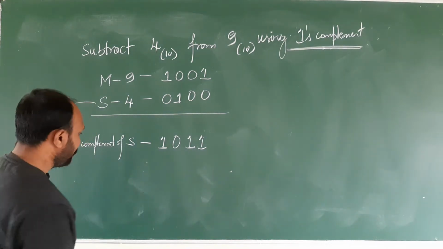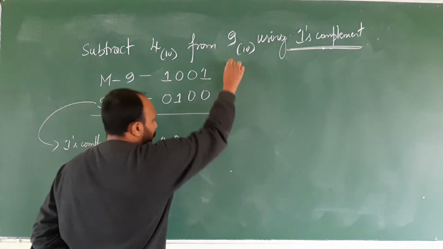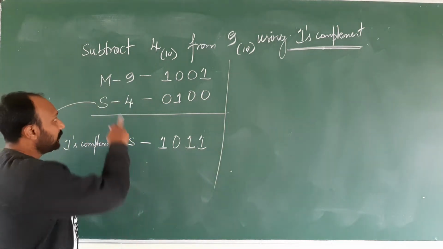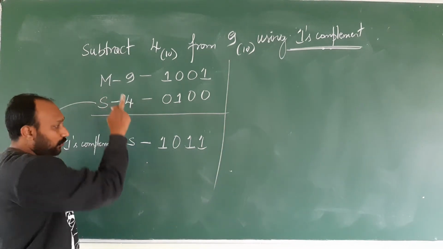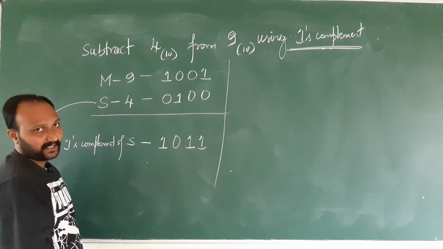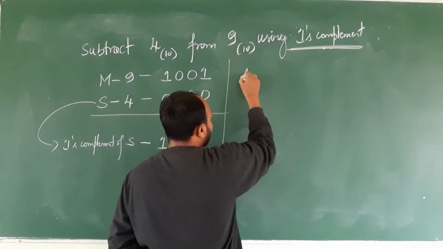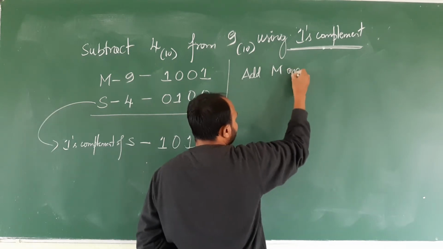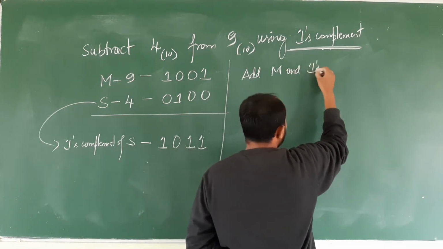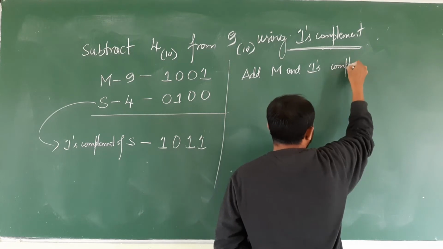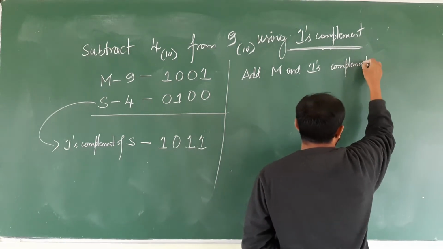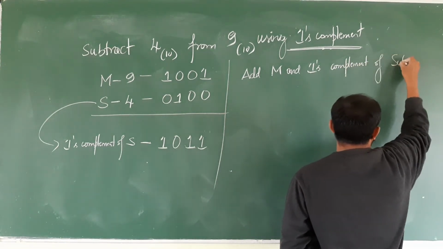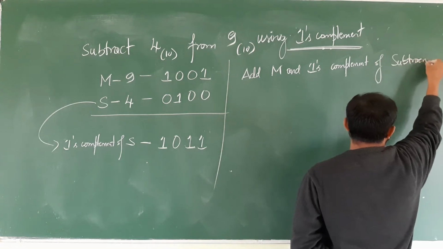Now we need to add the minuend to the 1's complement of the subtrahend. So I'll be writing it here. Add minuend and 1's complement of subtrahend.